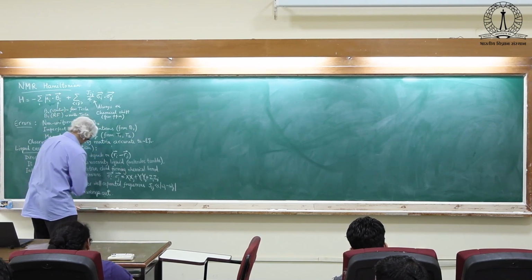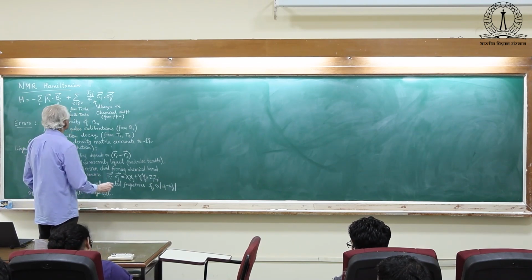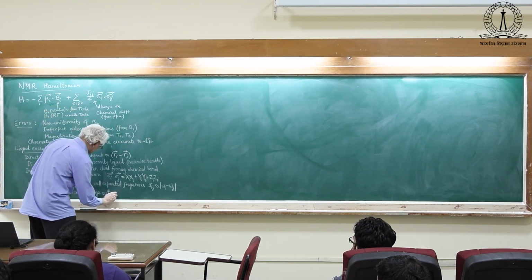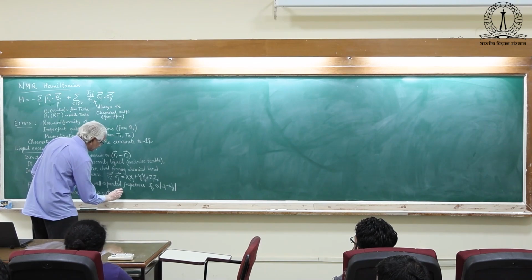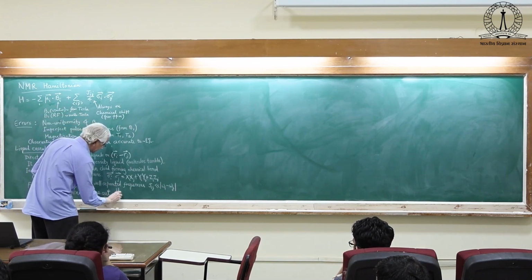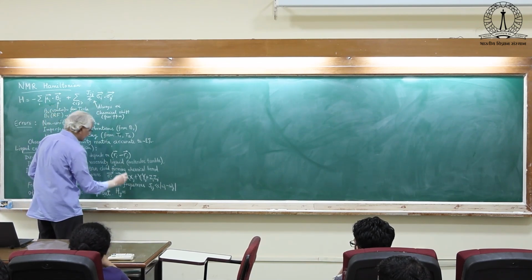And so this coupling then becomes simplified, and that is just H_J, which is this part of the coupling.